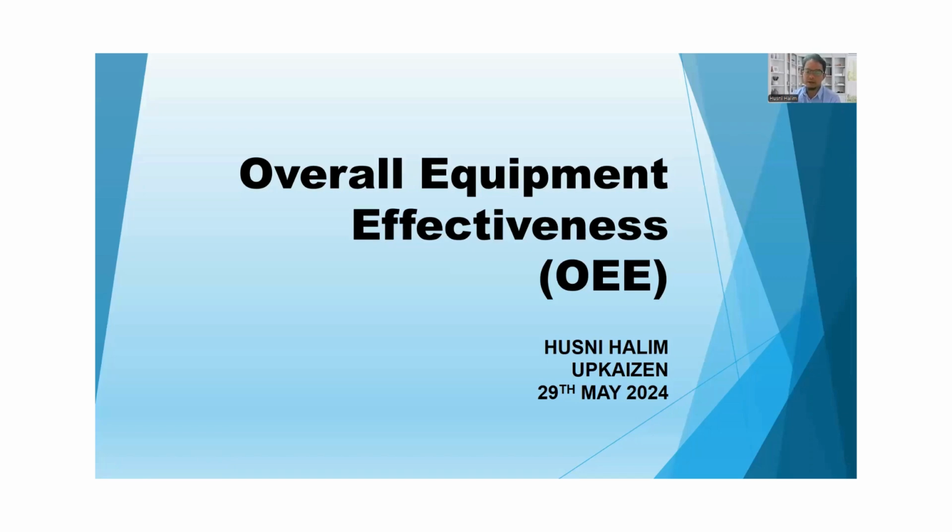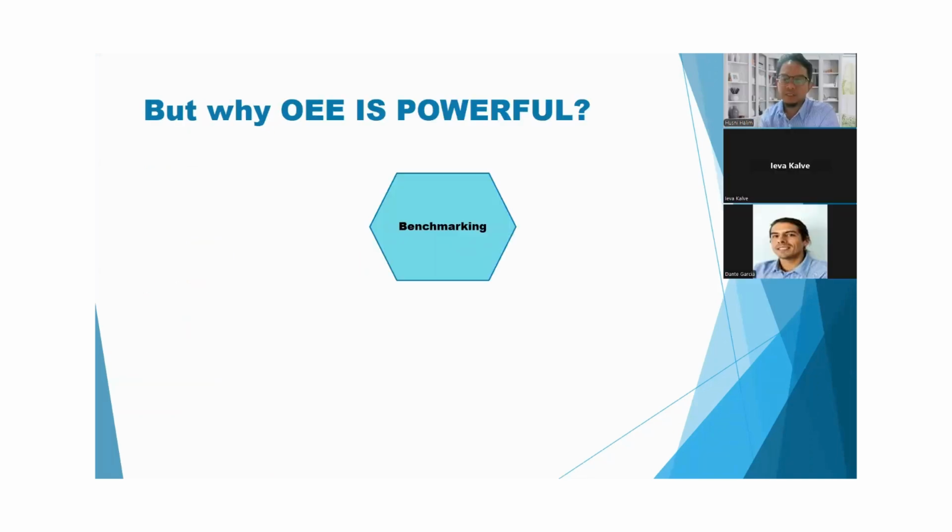Anyway, I introduced a bit about the OEE just now. So why do you want to have this OEE in your factory? There are a lot of benefits to using OEE as a metric in your production line.